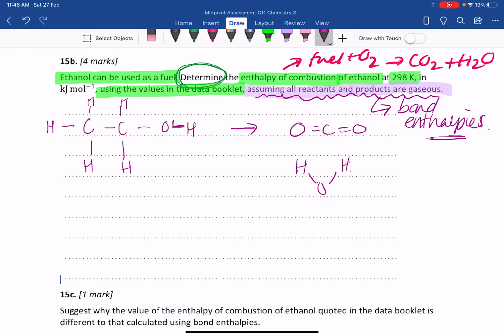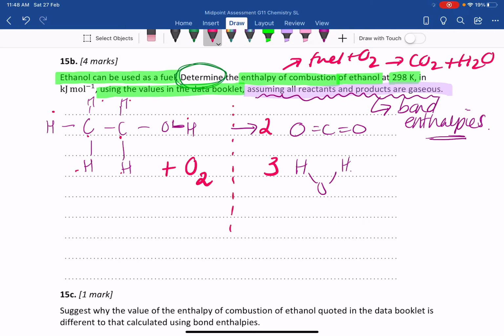First thing that we need to do here is balance the equation. I'm going to need 2 carbon dioxides to match the 2 carbons, and 3 waters to match the 6 hydrogens. Then I add in my oxygens for the combustion, keeping them on the left-hand side.